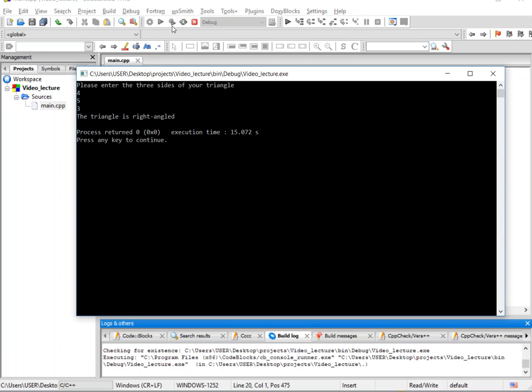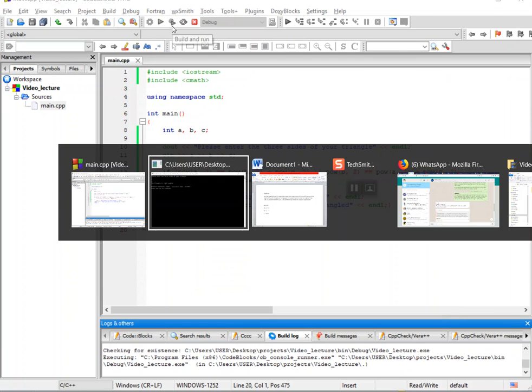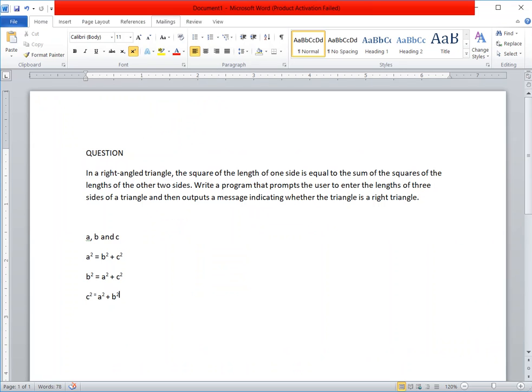The triangle is right angled. Let's see. We are going to do simple mathematics here. Take note. We entered 4, 5, and what? 3. Sorry. 4 squared is what? 16. 5 squared is what? 25. And 3 squared is what? 9.